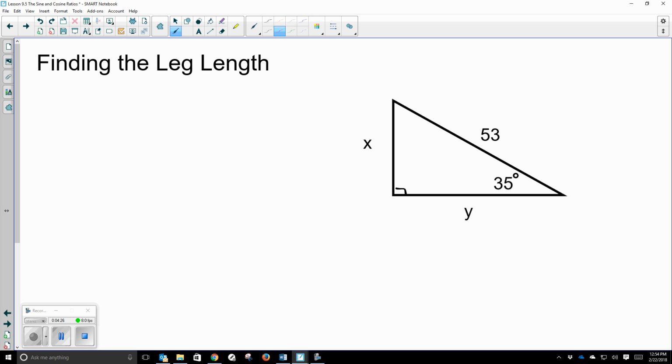If we're looking for x, then y does not matter. It wouldn't help us anyway. We don't have a value here. So we want to look at everything but y. And it may be helpful till you get used to this. This is the only angle that we have, other than the right angle. This is the opposite side to that angle. This is the adjacent side. And this is the hypotenuse.